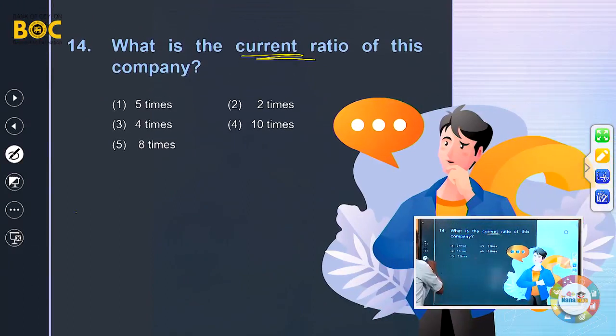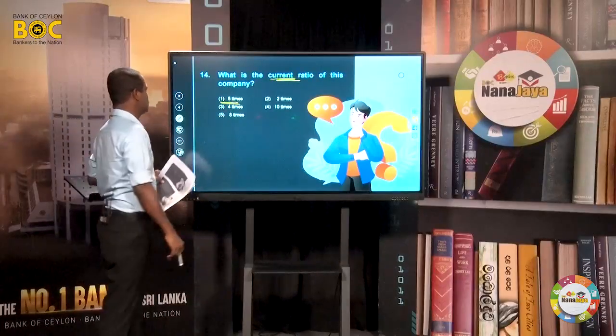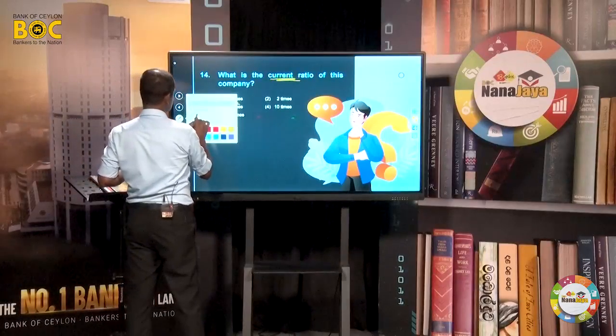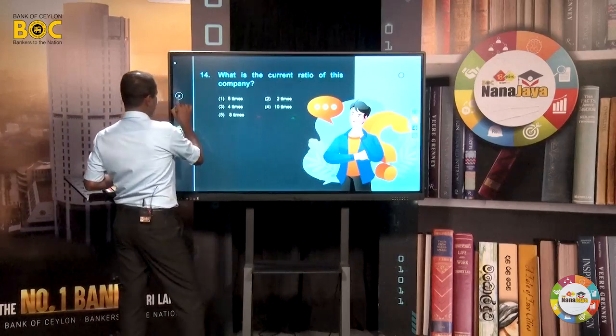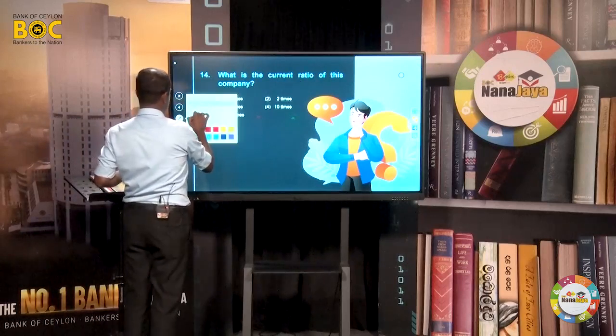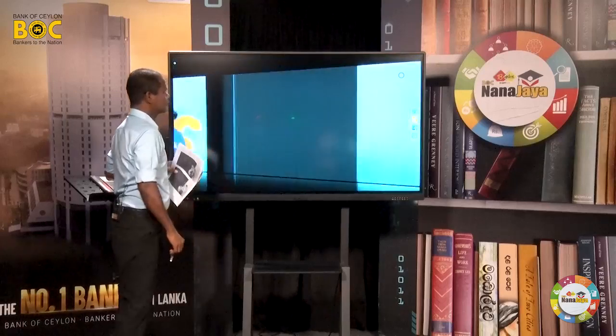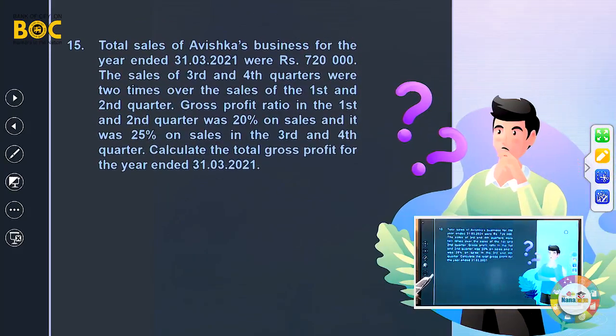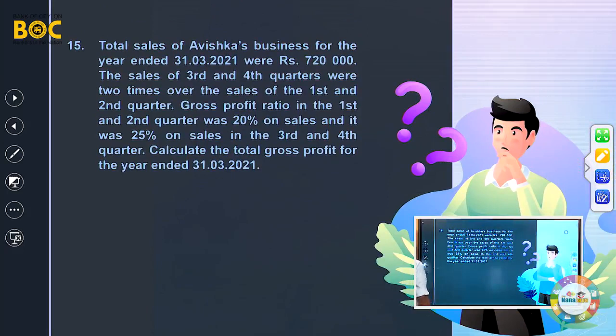Then the answer for the 14th question is current ratio is 5 times. So question number 15. So go through it.